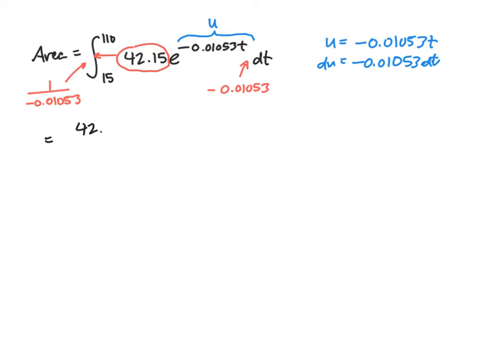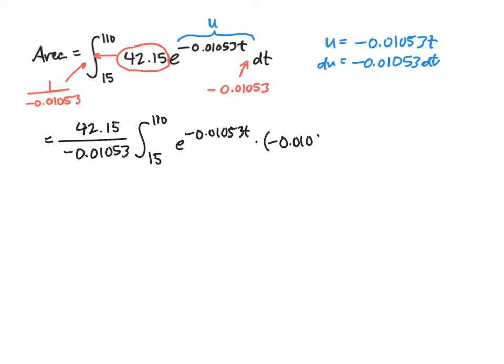I've got 42.15 divided by negative 0.01053 times my integral from 15 to 110 of e to the negative 0.01053 t times negative 0.01053 dt. All of this here, that's e to the u, and all of this here, that's my du.